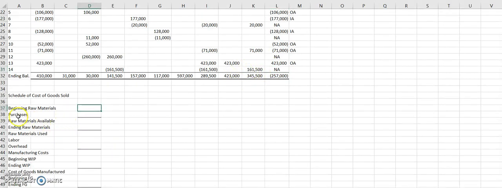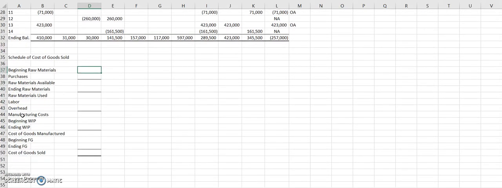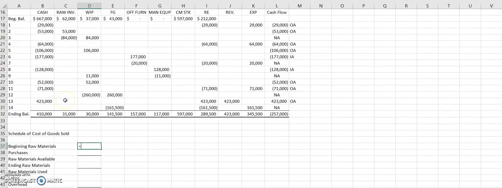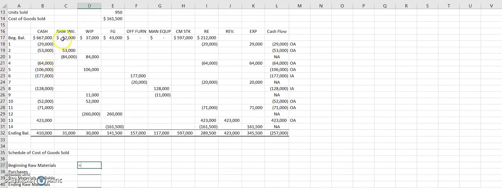So we need to start off with our beginning raw materials. So for our beginning raw materials, we can go to our framework and see that we started with $62,000 in raw materials when we started this period, this year, this month.